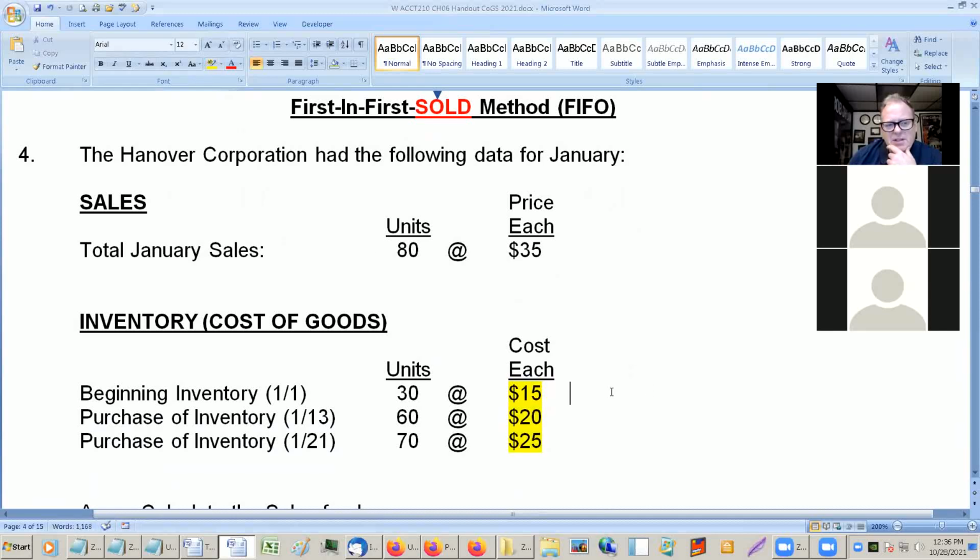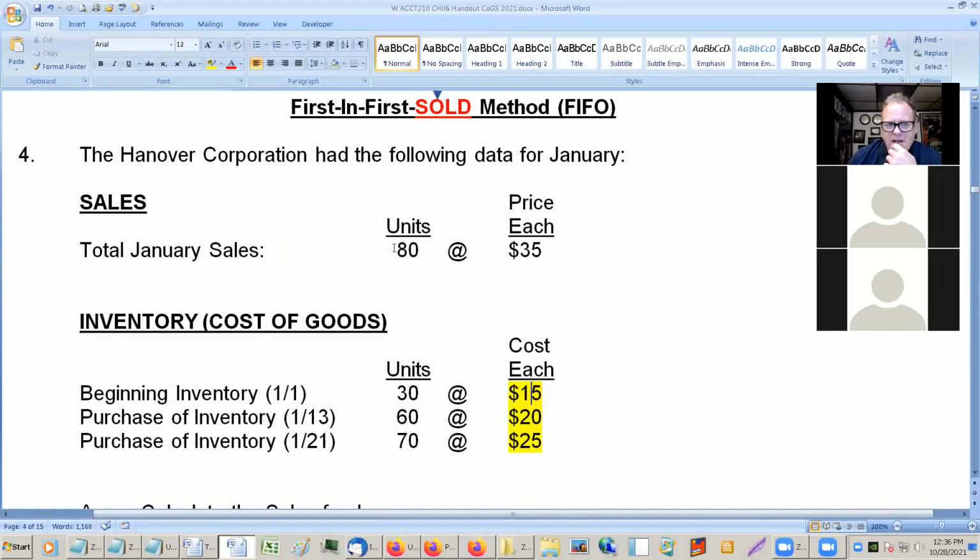All these goods that we've purchased to sell, so we're going to resell these, they can have different costs. If the costs are all the same, like on problems 1 and 2, there's not a problem. But it's when the costs change that there's a problem.